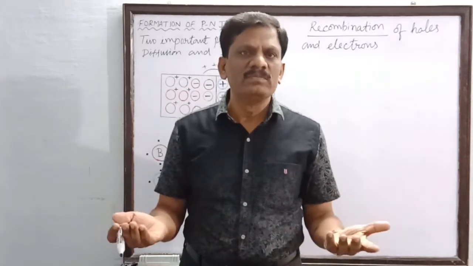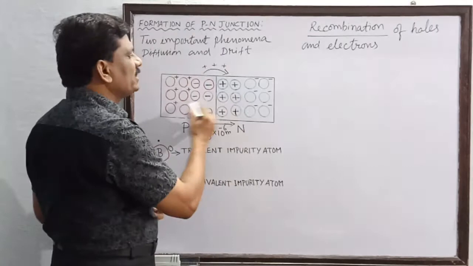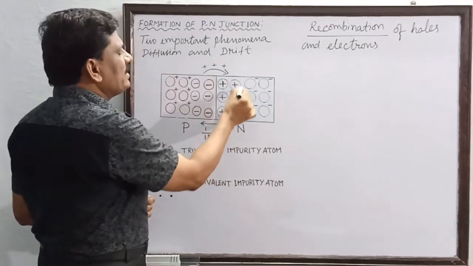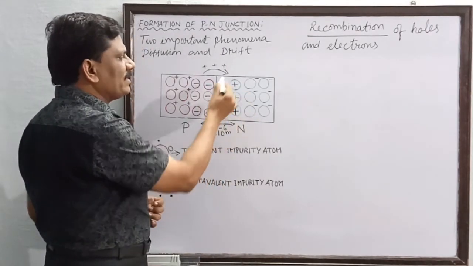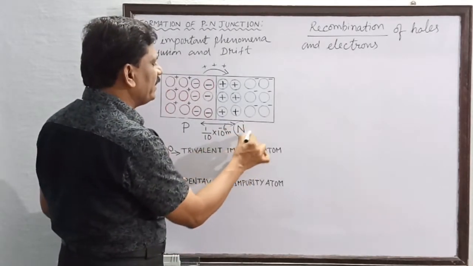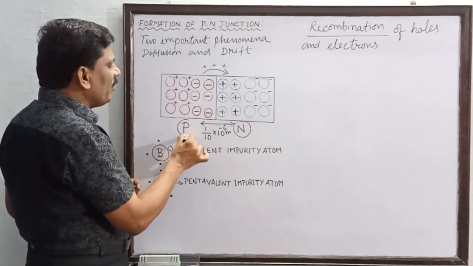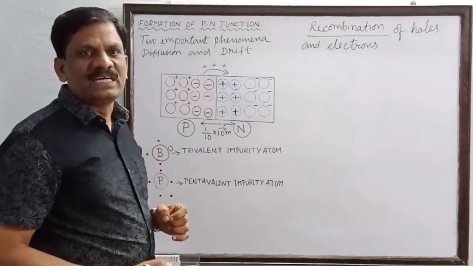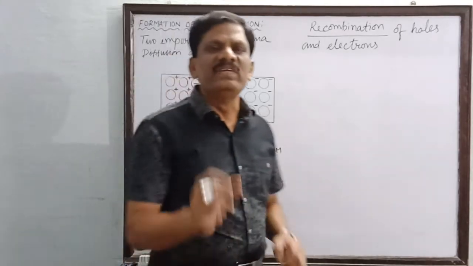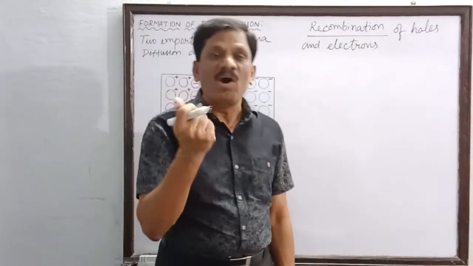They cannot move. They are immobile ions. So, my dear students, on both sides of the junction, you can see that positively charged immobile ions are formed on the N region of the junction, and negative immobile ions are formed on the P region of the junction, only within a small width of how much?